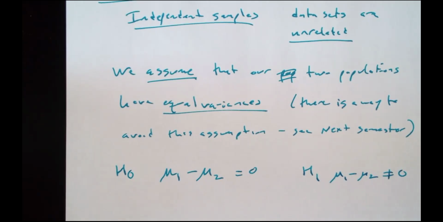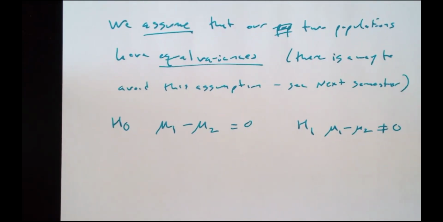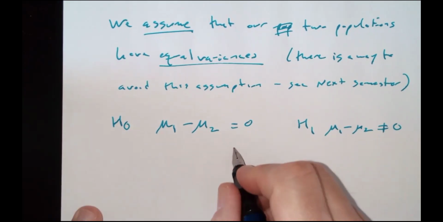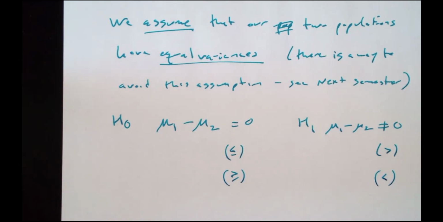There'll be a left tail and a right tail version if you have greater than or less than in your alternate hypothesis. You can swap out any of those rows. Fortunately for me, these are the tests Excel will do automatically.